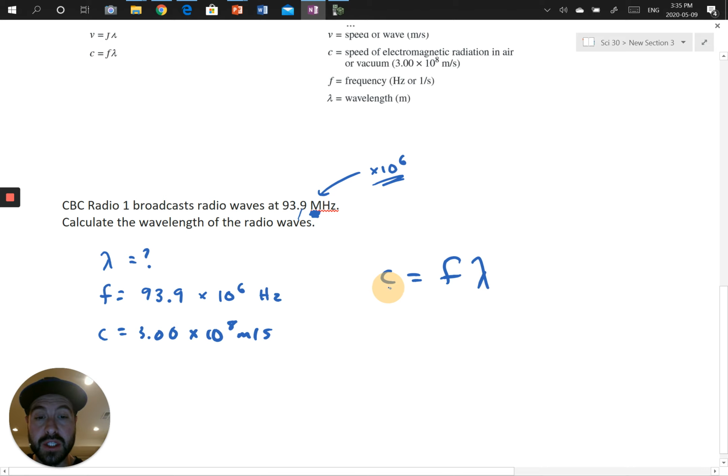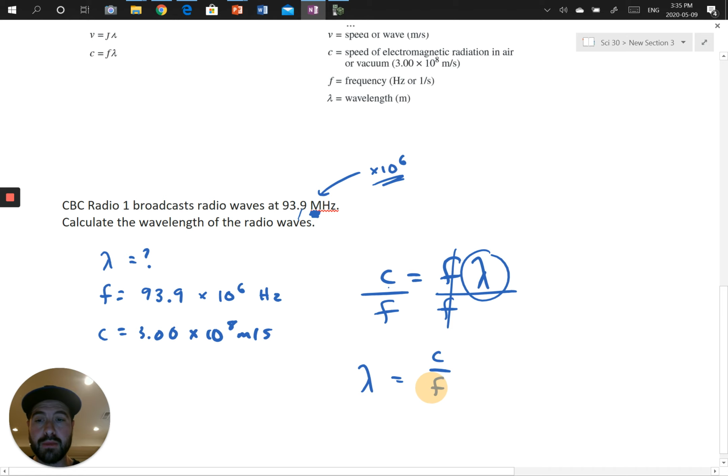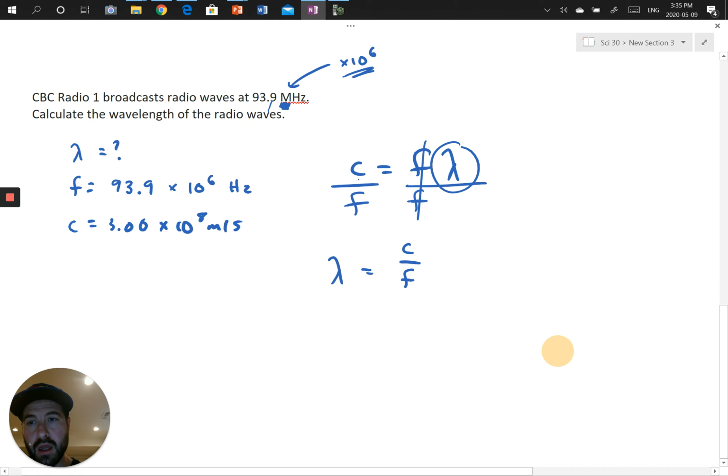The speed is always constant, so we need to manipulate this formula for lambda. I'm going to divide both sides by f and get a new formula: lambda equals c over f. I expect you to be able to manipulate a 3-variable equation.